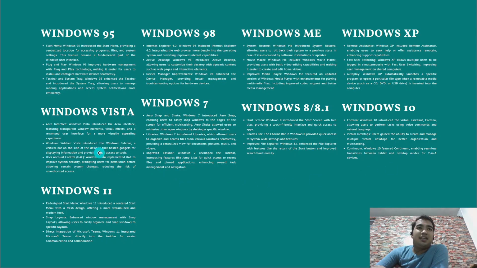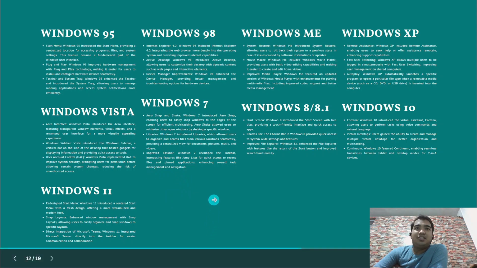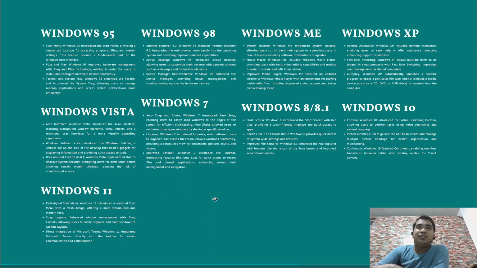So for Windows Vista, it introduces a new interface, which is the Aero interface. The Windows sidebar, which provides quick access to tools and volume control, and user account control, which allows users to have different permissions. So I guess some users couldn't change much stuff, while the main admin can. Windows 7 introduced Aero Shake and Snap, which allows users to easily snap windows to the edge of their screen.